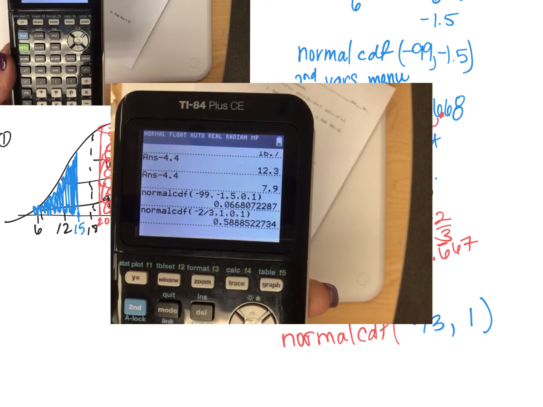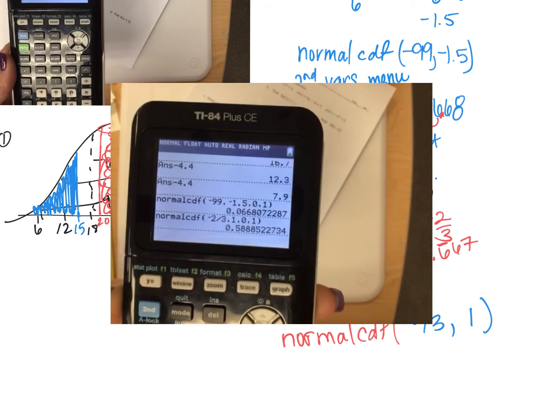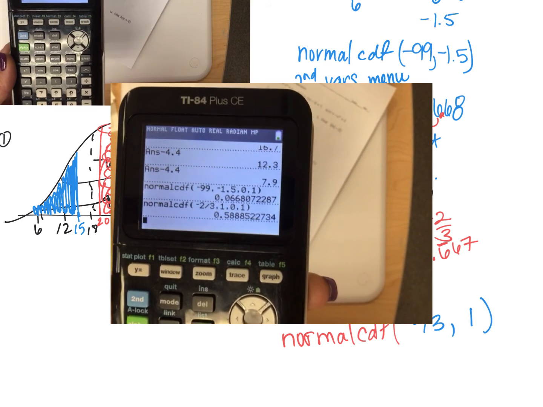And then I hit enter. So it's 0.589. This one rounds that one up. So 0.589, 3 numbers behind the decimal place.